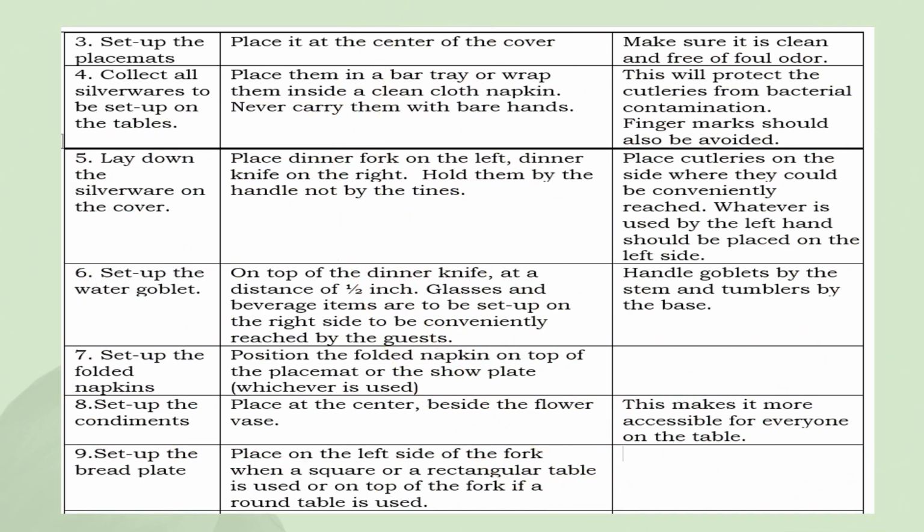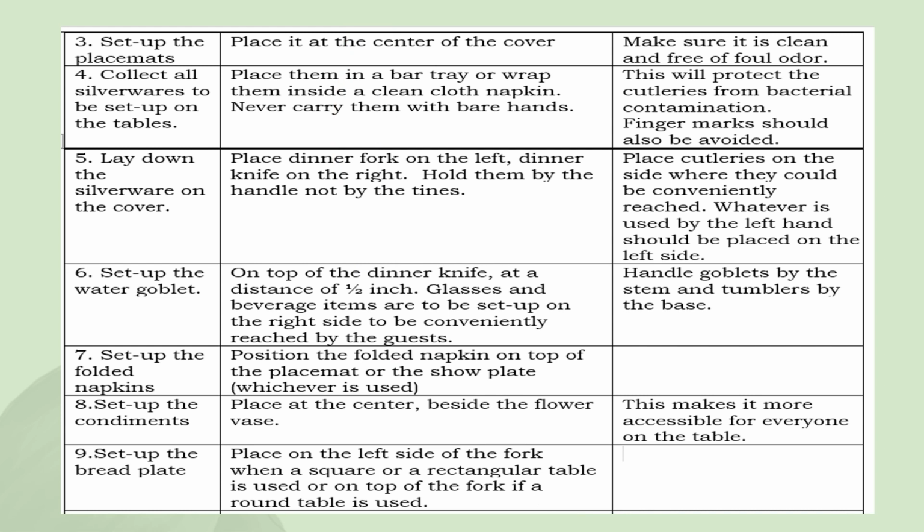Number 5, lay down the silverware on the cover. Place dinner fork on the left, dinner knife on the right. Hold them by the handle, not the tines. Place cutleries on the side where they could be conveniently reached. Whatever is used by the left hand should be placed on the left side.